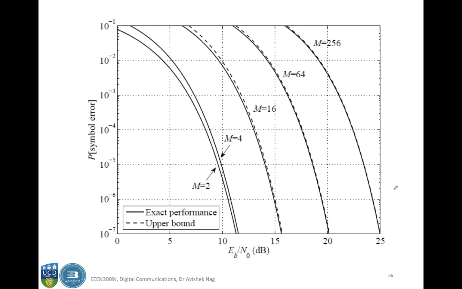Now if you want to plot the values of the probability of symbol error for an M-QAM with M, and this is your Eb/N0, so you can see that the solid lines are for the exact performance, and the dotted lines are for upper bounds.